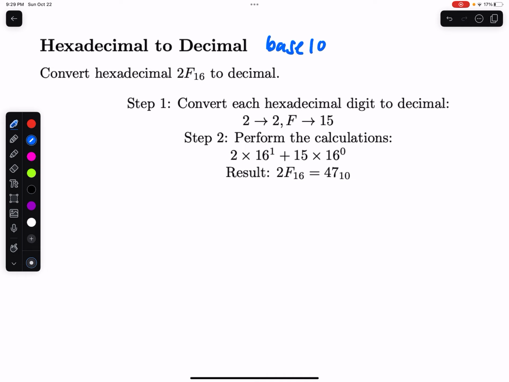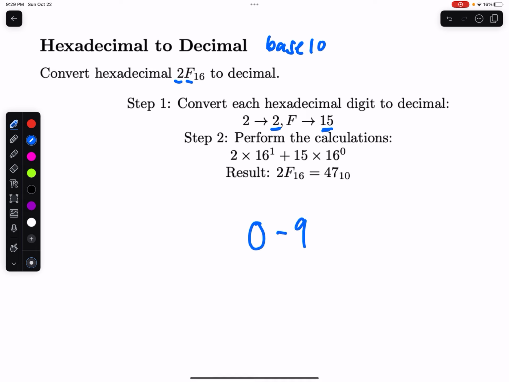All right. So we're going to look at each digit, and we're going to turn them into their respective decimals. Okay. So keep in mind, each digit is a power of 16. F is 15, as a reminder.